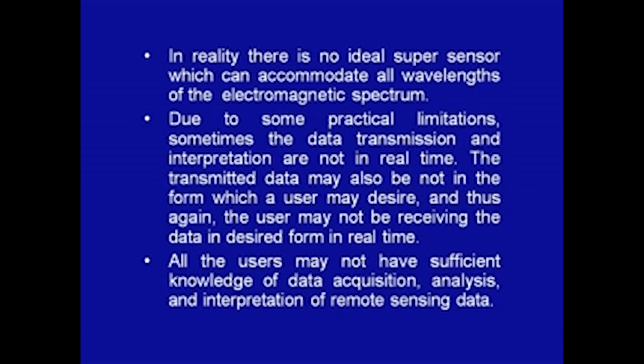All the users may not have sufficient knowledge of the data acquisition, analysis and interpretation of the remote sensing data. So, we can see the deviation of the real remote sensing system in comparison to an ideal remote sensing system.